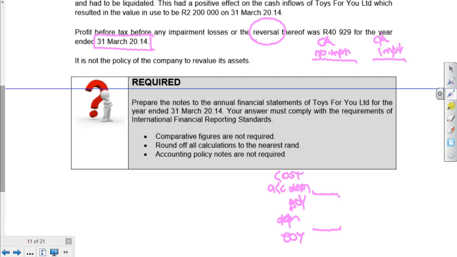For the impairment column, you're going to have the impaired amount, then accumulated depreciation to beginning of year, depreciation to end of year, and then you're going to check your numbers so that you can work out your reversal. Usually your reversal is from here back to there, maximum reversal. But you need to check that it's not bigger than what you want to reverse to, which is the 2.2 obviously. So you're going to do your 2 columns, the carrying amount no impairment column and the carrying amount with impairment column, and get to the values at the end for both of those. The difference between the 2 is the maximum amount of reversal.